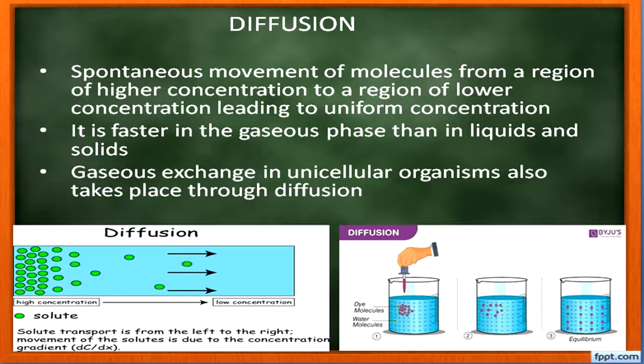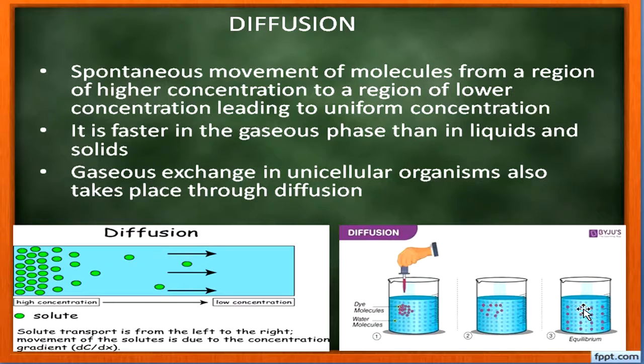The ink molecules will immediately spread to all parts of the water so that the coloration will be the same throughout the water in the beaker. So what happens? The ink molecules move from the higher concentration towards the place where the concentration is low, in order to make the concentration uniform.